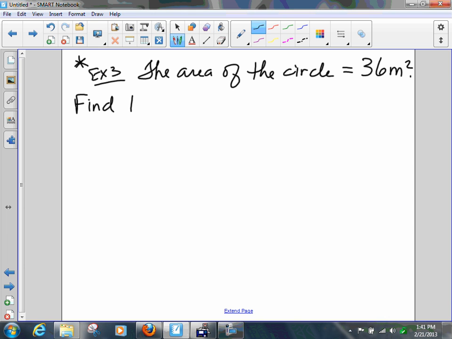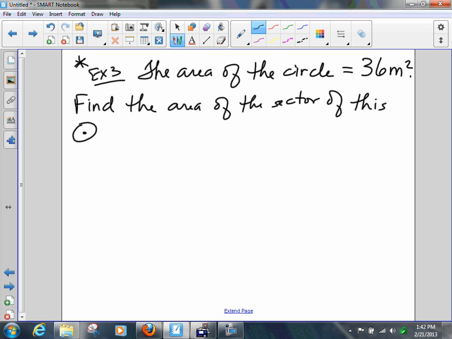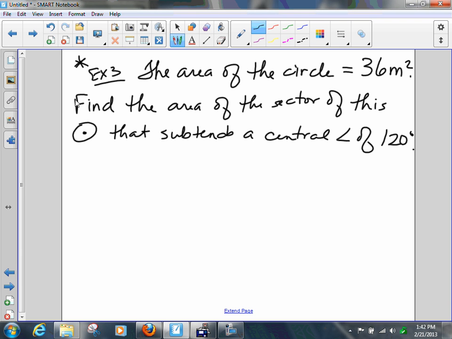It says to find the area of the sector of this circle that subtends a central angle of 120 degrees.